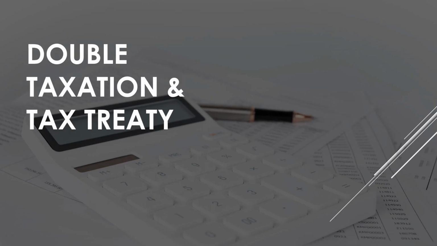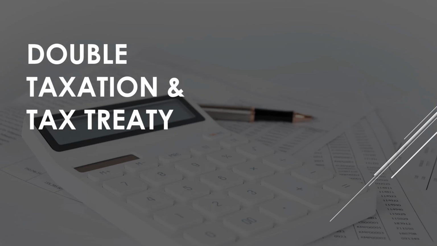Without proper planning, yes, you might face double taxation, but the tax treaty between Canada and the US allows for foreign tax credits and treaty-based exemptions. For example, US taxes paid by a C corporation can be credited against Canadian taxes when dividends are repatriated. Key tools include the foreign tax credit and tax treaty article provisions.